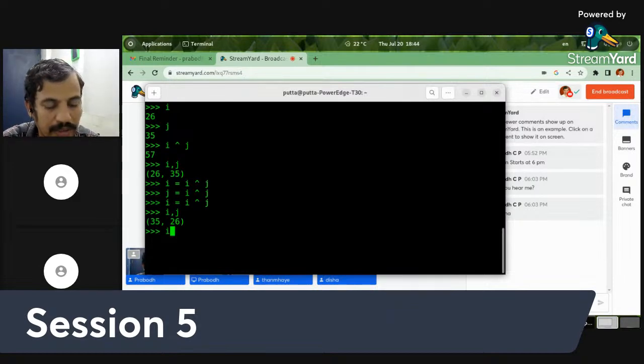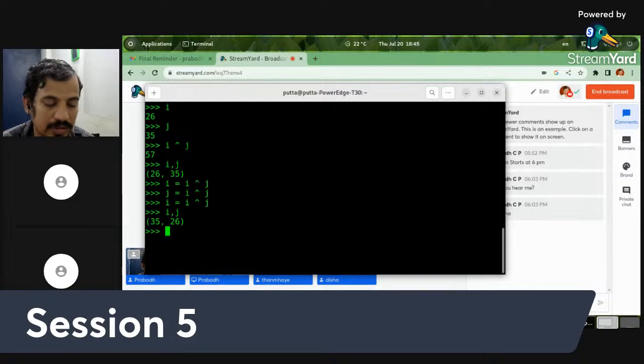So earlier we had learned a method of swapping the values. How do you swap those values? What was the first method? Simultaneous assignment. Do you remember? Yes, sir. How would you do that? X comma Y is equal to Y comma X. So in case of I comma J, if I want to swap the values, what should I do?